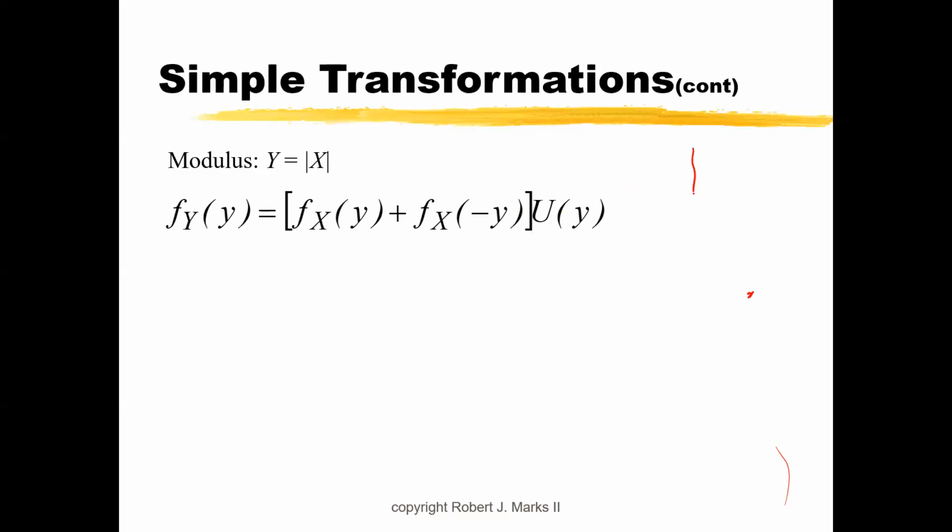Say we have a density function which looks like this. What we want now is a g of x, which is equal to the magnitude of x. Therefore, this goes down like this, and this goes up like this.